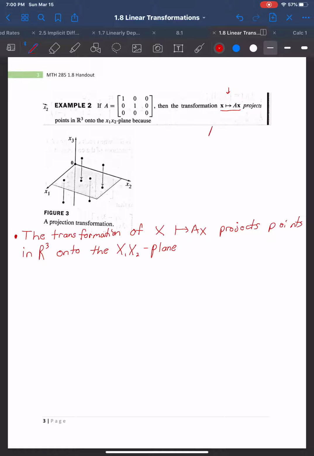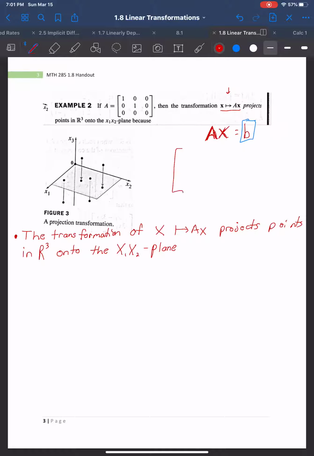Well, we know that the setup looks like this: A times x normally equals some value b. But in this case, I'm going to forget about that and see what the form of b looks like. That's my goal right now. So let me plug in.